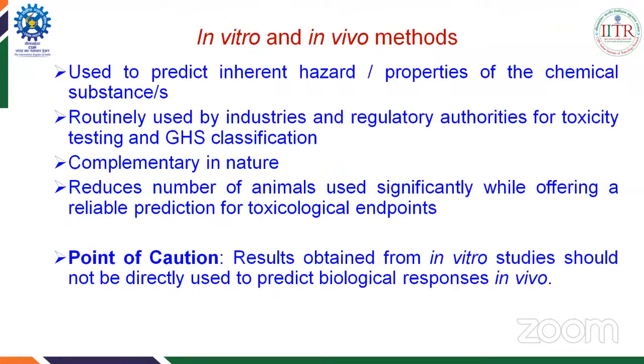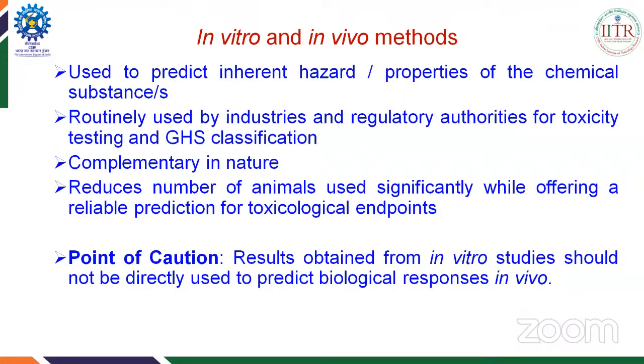In vivo and in vitro studies should always be used as complementary to each other. They cannot be used in isolation. A certain amount of data is generated from your in vivo studies, and a certain amount from in vitro studies, and both together are analyzed to look at the further progress of the particular test item.